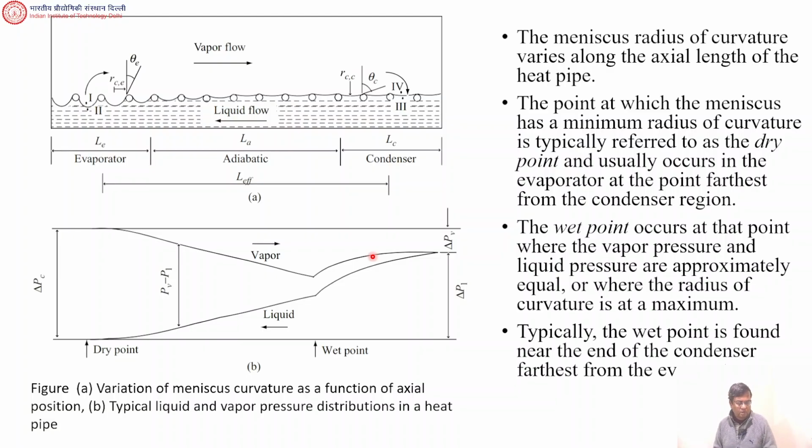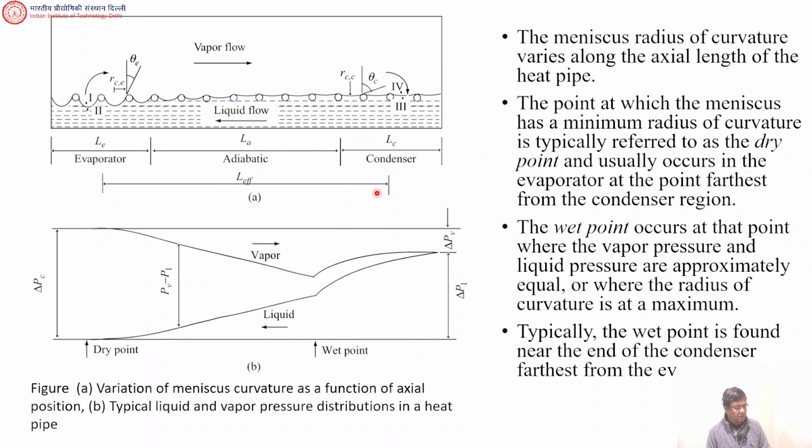I have been talking about this, but we were talking about only this capillary rise in a tube. But this is an actual scenario of a heat pipe. Now, we'll look at these and try to understand all these quantities.